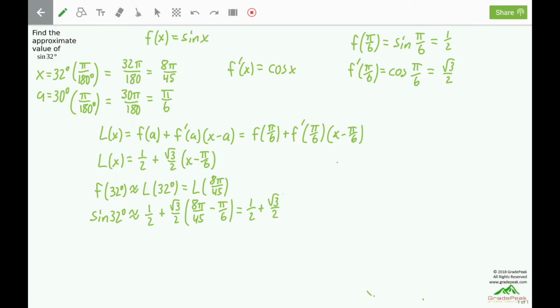That'll be 90. 16 pi over 90 minus, we have to multiply the top and bottom by 15, 15 pi, and 6 times 15 will give 90. So this will equal 1 over 2 plus root 3 over 2 times 16 pi minus 15 pi all over 90, which equals pi over 90.